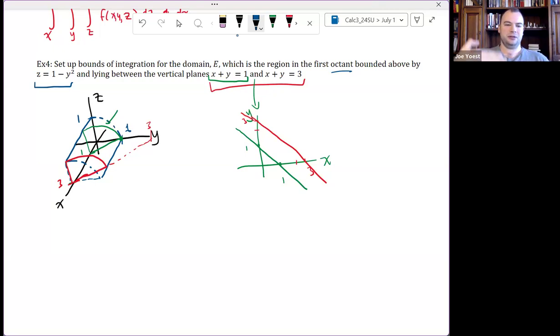So really the green and the red segments of planes are the positive and negative x cutoffs. And then the y and z cutoffs are the xz plane, the xy plane, and that surface that's coming down here.